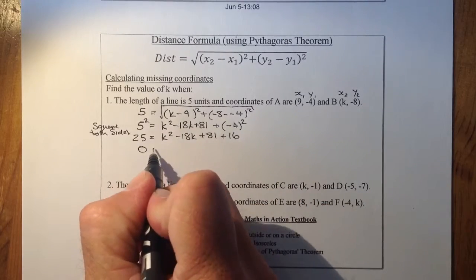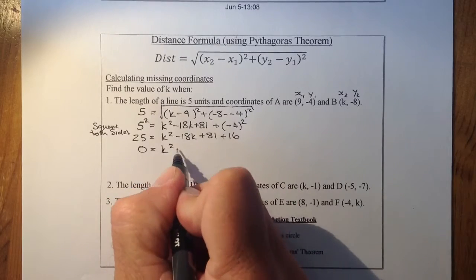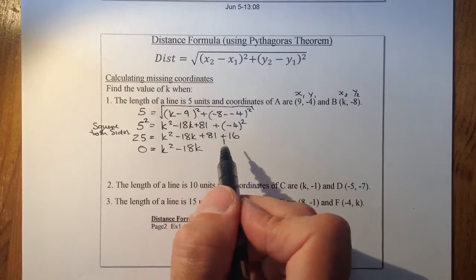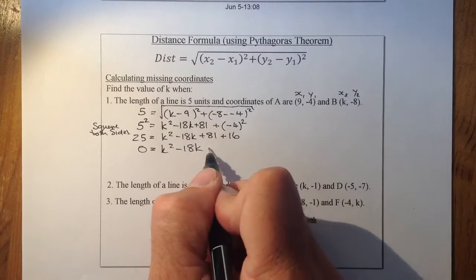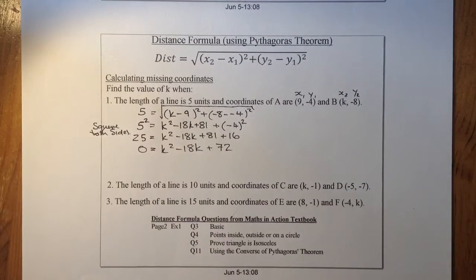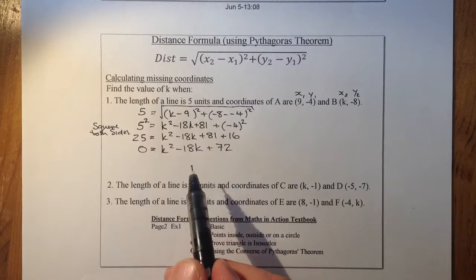Let's gather everything onto the right hand side. So that should give me k squared minus 18k, and when I gather all the numbers together, that should give me plus 72. Okay. Now what I've got is a trinomial, and when I get a trinomial in this form, I'll factorise it.